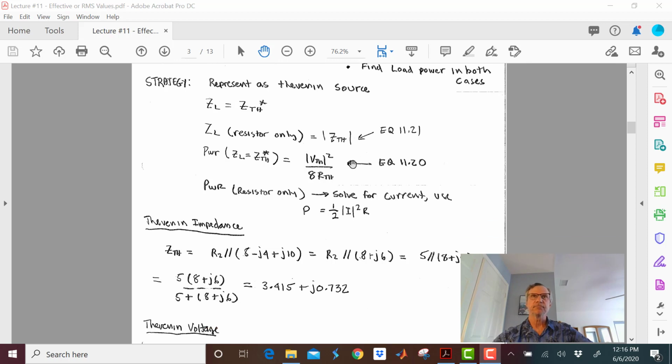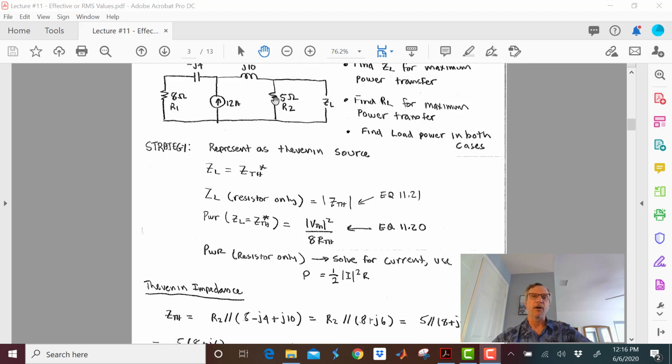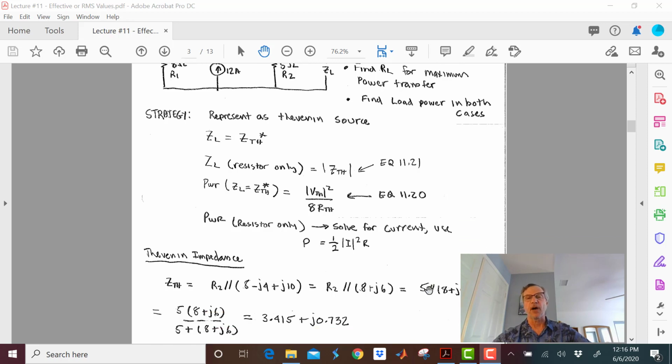So let's do that. So Z Thevenin is going to be R2 in parallel with 8 minus J4 plus J10, or R2 in parallel with 8 plus J6, and now I'll put the numbers in, 5 ohms in parallel with 8 plus J6.